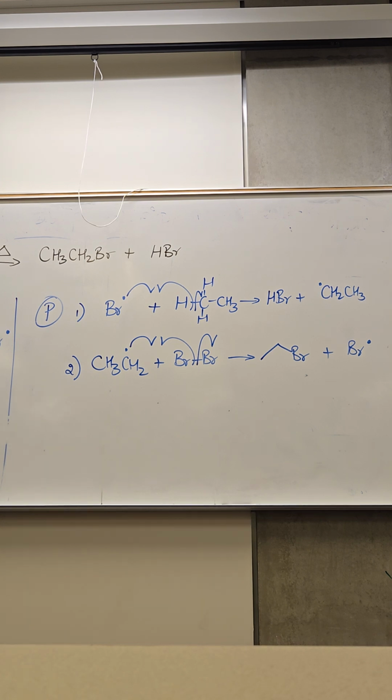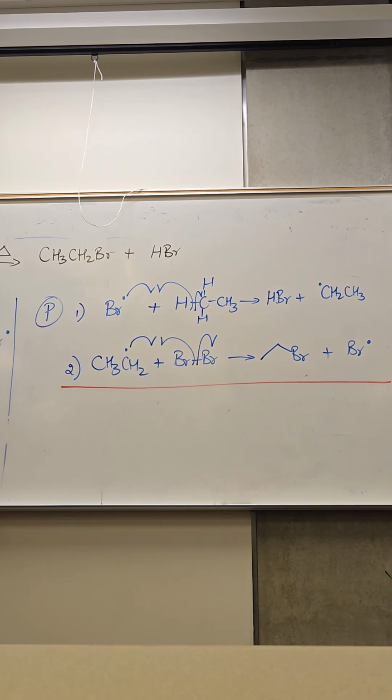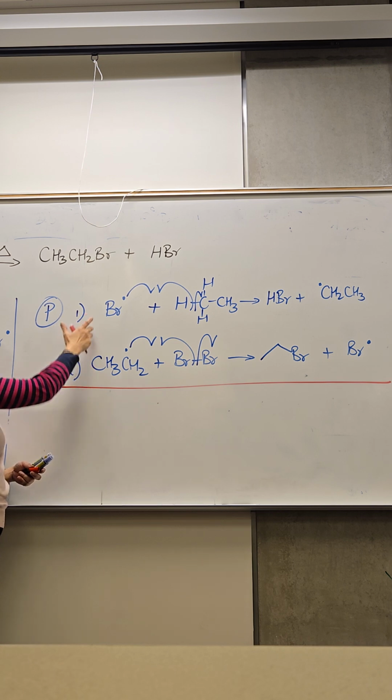Must do that. Also, what is the sum of these 2 steps? If you add up these 2 steps, does it give us the overall reaction? That's also important. What things can we cancel out when you're adding step 1 and 2?